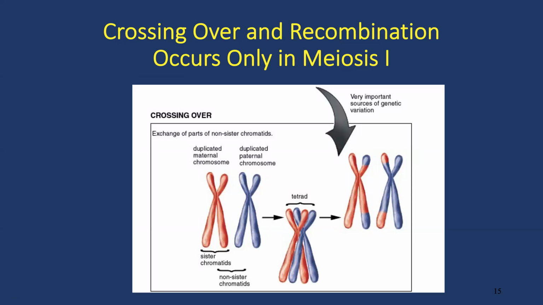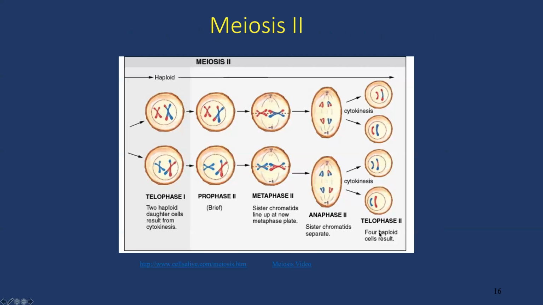It has not undergone recombination. So this is how recombination occurs, and it's one of the sources of genetic variation. Random assortment in the next step, where these chromosomes decide which side of the cell to go to, is also a source of variation because it's entirely random.